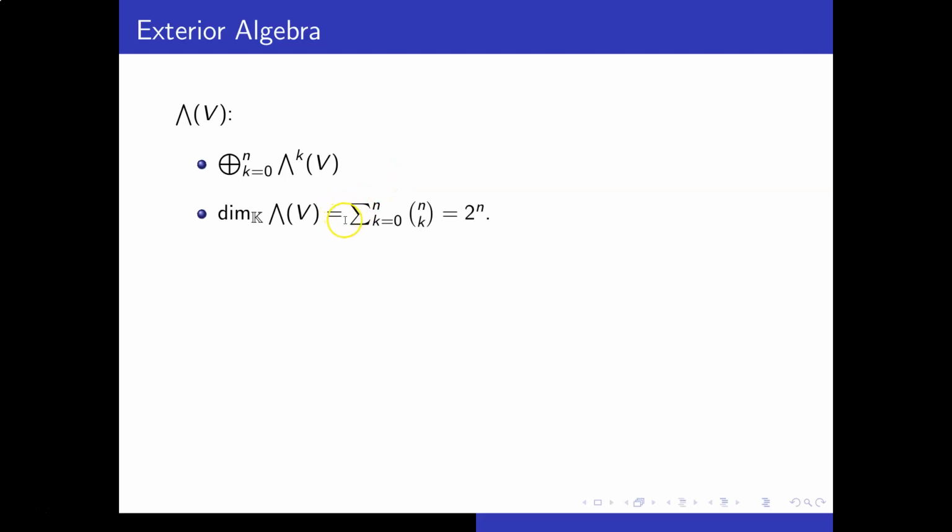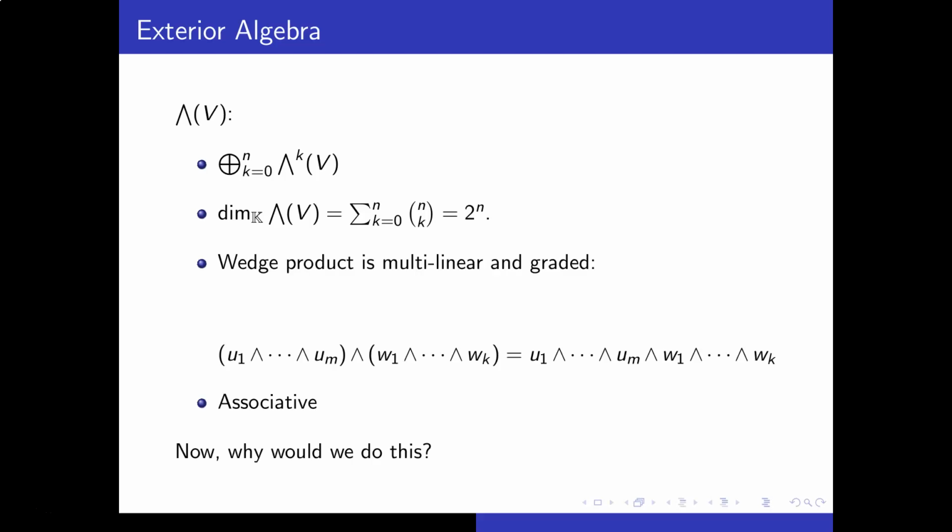All right, so its dimension is the sum of the dimensions. So it's the sum from k equals 0 to n of n choose k, which from the binomial theorem is just 2 to the n. So it is significantly finite dimensional as compared to, say, the tensor algebra. All right. The wedge product is multilinear and it's graded.